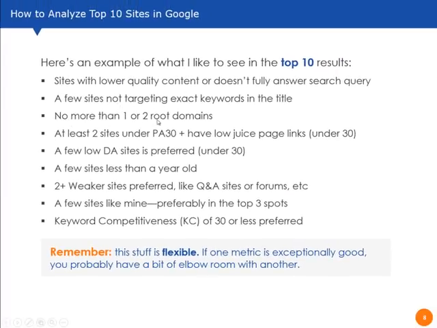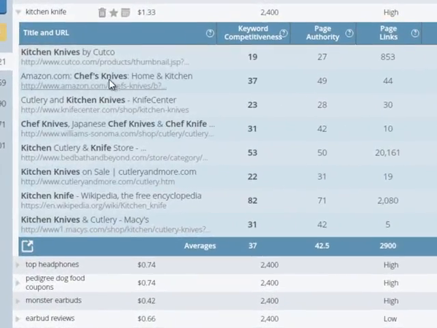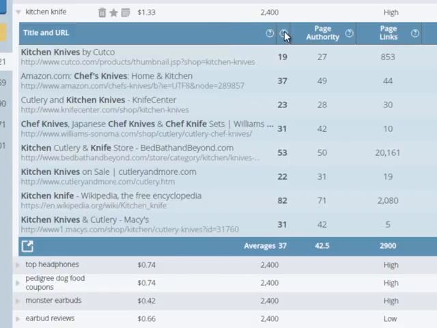Next, no more than one or two root domains. Are any of these root domains? As I look at these, I do not see any root domains, so that is a good sign. These are all sub pages, as you can see: cutco/products/, thumbnail, and then I'm sure there's a little bit more, kitchen knives.